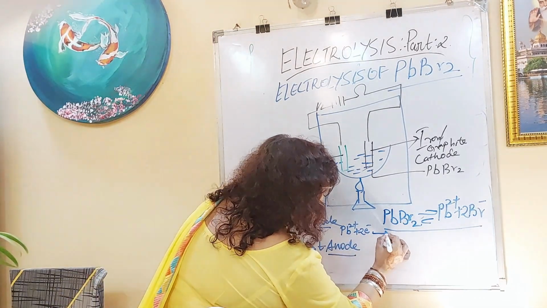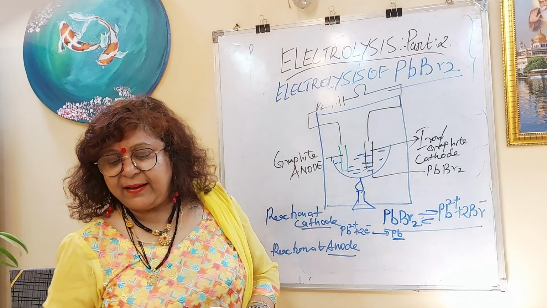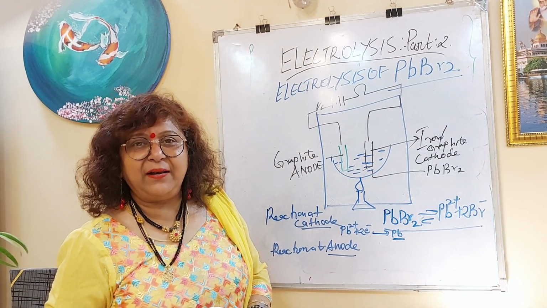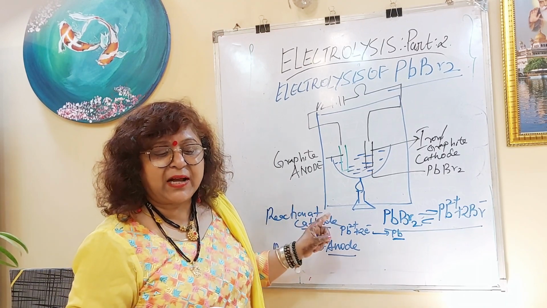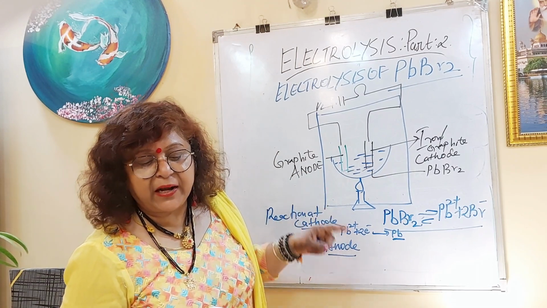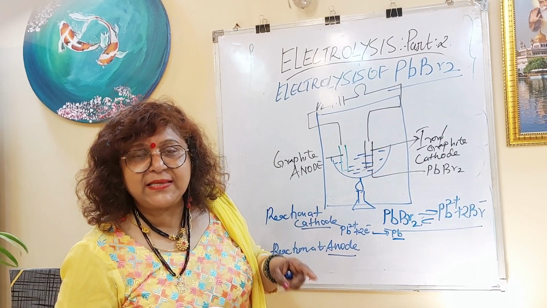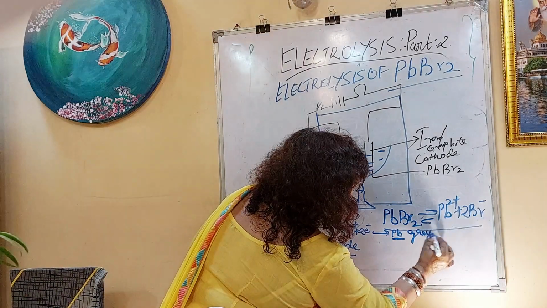It will get transformed into neutral lead metal. Okay, this one at cathode. The Pb2+ ions are discharged at the cathode as neutral lead atoms by accepting the electrons, and this lead metal comes as a grey deposit, grey color.